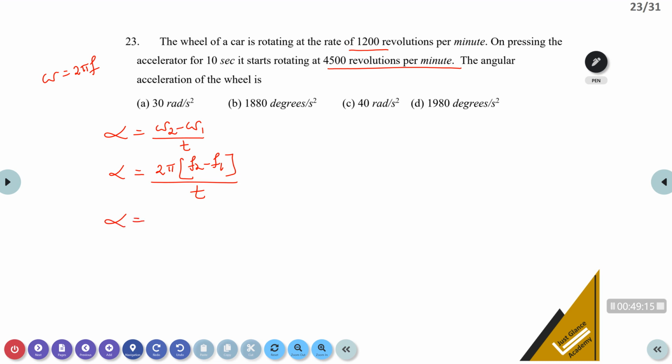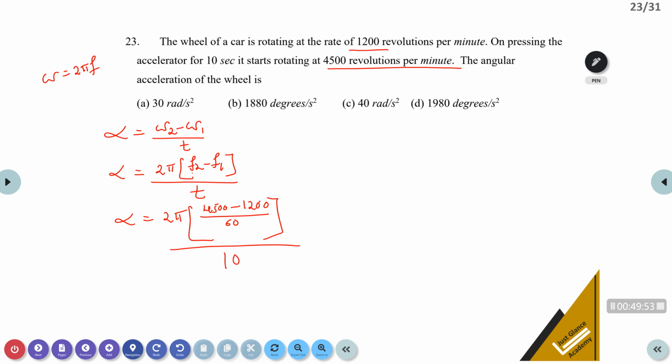Now alpha equals 2 pi. F is the number of rotations per second, but per minute has been given, so 4500 minus 1200, divided by 60, and the whole divided by time, which is 10 seconds.